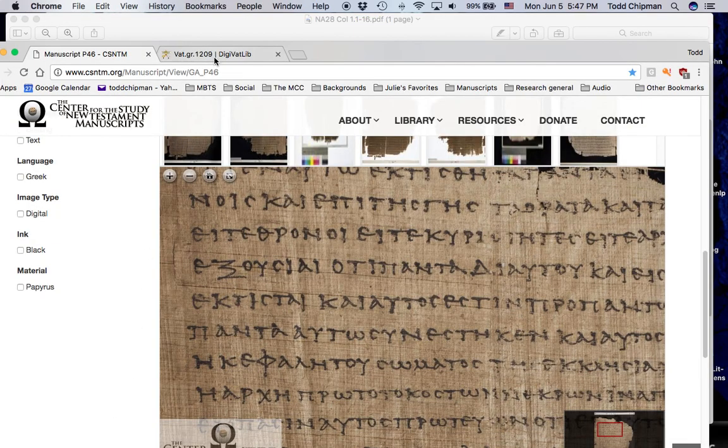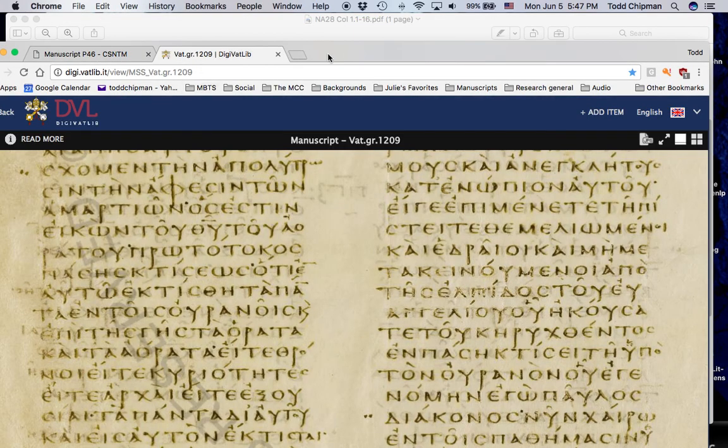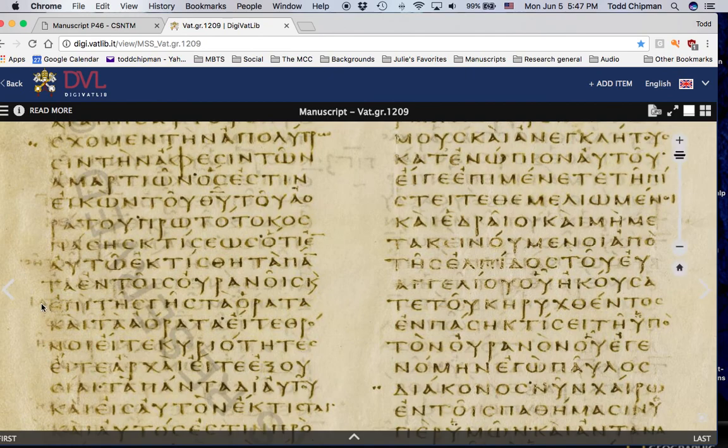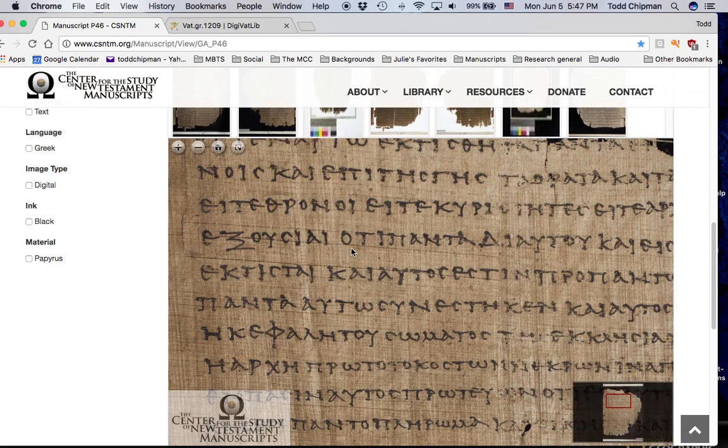But if we go to Vaticanus, and we pull up here Vaticanus, finding my place, thronoi, eite kyriotetes, archai, eite exousiai, right there, ta panta, not hoti, but ta, where P46 has hoti.